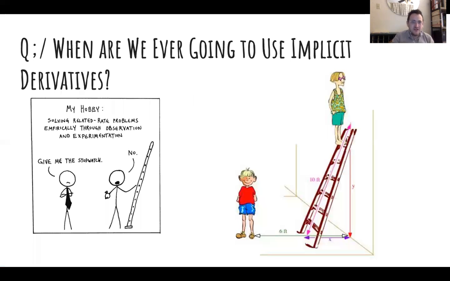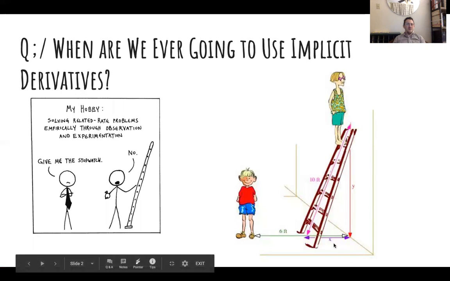So you may be wondering, when are we ever going to use implicit derivatives? I'm going to tell you a funny story here, and this is going to give motivation to our triangle problems. We have the classic ladder against a wall problem that maybe you've seen in geometry.